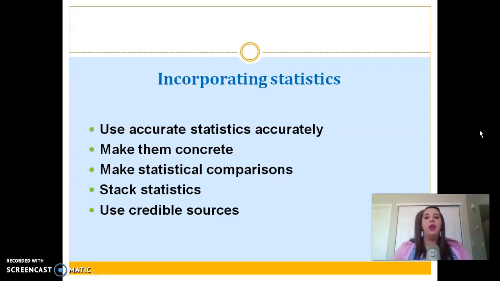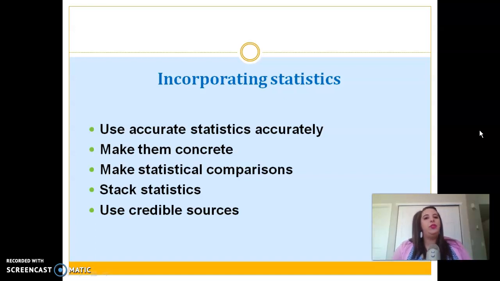Stack statistics. That can be really helpful as well. You're just putting statistics on top of each other, statistic after statistic after statistic. That can be really powerful, to keep throwing out that hard data and hard information.